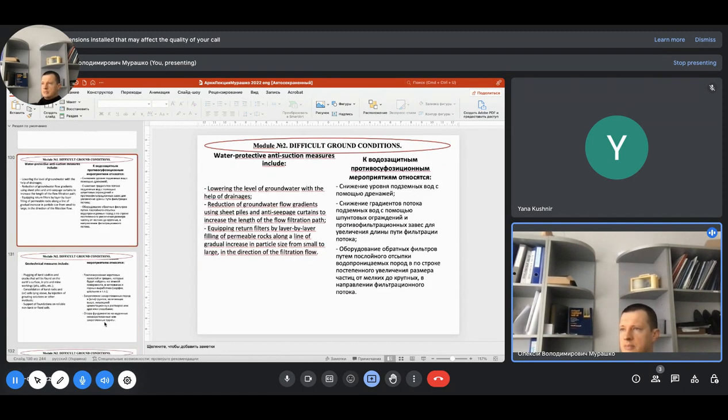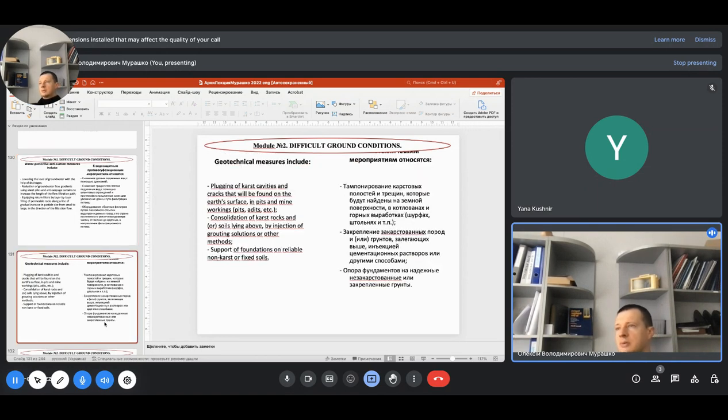Also, there are some structural geotechnical measures which can include plugging of karst cavities. So if you have such underground cavities, such sinkholes, we can plug them with cement or concrete, or even with sand or other filling materials.